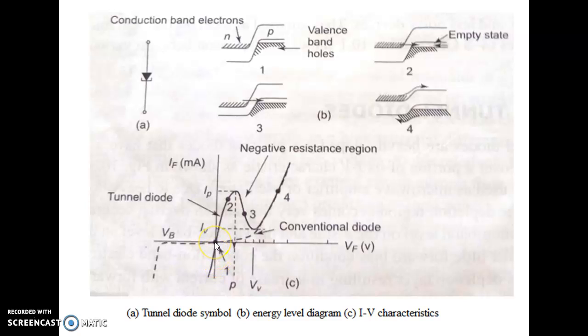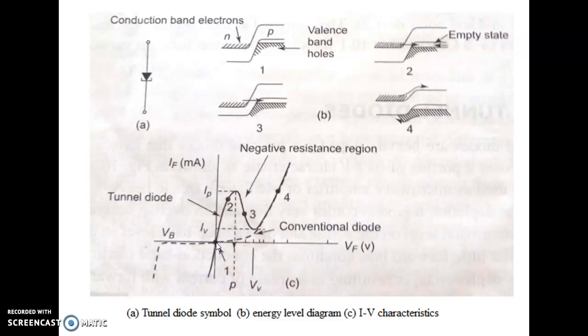When the forward bias voltage is 0, how does the energy band diagram look and what will be the current flowing through this diode? When you apply zero potential across this diode, there is effectively no potential driving any current to flow through it. The current flowing through this diode is 0 when the forward bias voltage is 0.